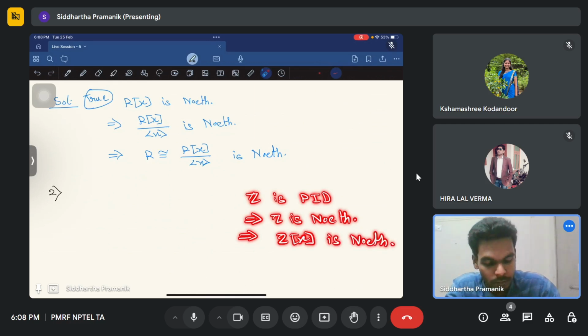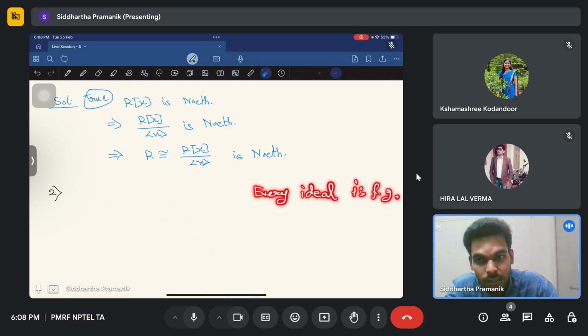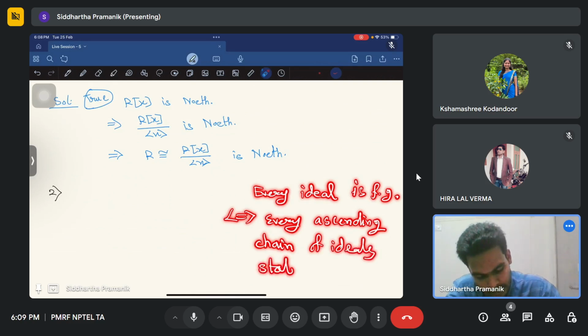What Noetherianness means is that every ideal is finitely generated. This is one condition of Noetherianness, and the other one is that every ascending chain of ideals eventually stabilizes. So this is the second condition, and this would be true in Z[x] also.